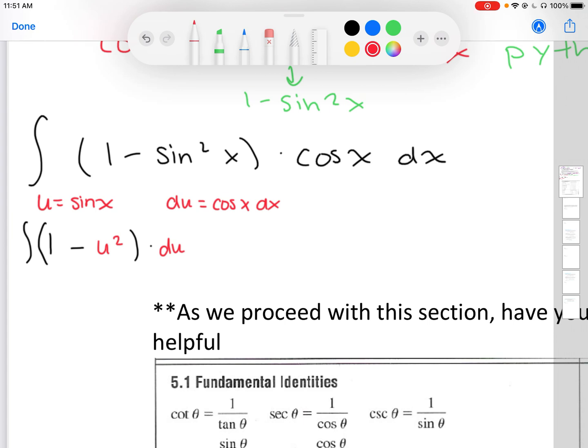All right, now we can integrate. So that we have u minus u cubed over 3 plus c. We replace our u so that we have sine of x minus 1/3 sine cubed of x plus c, since that was our u.